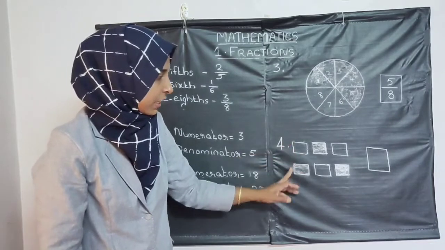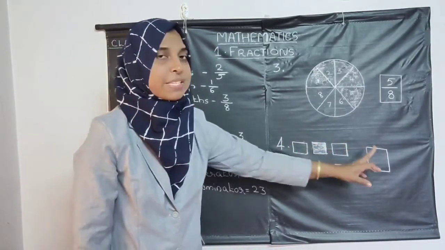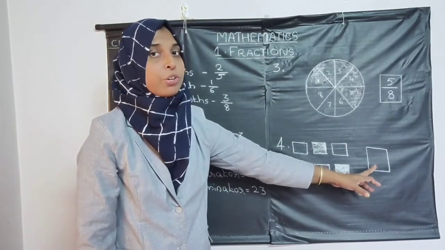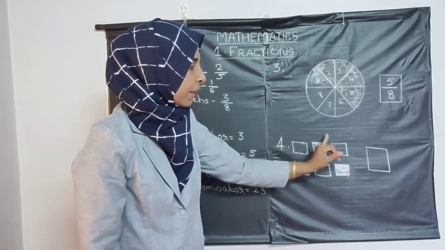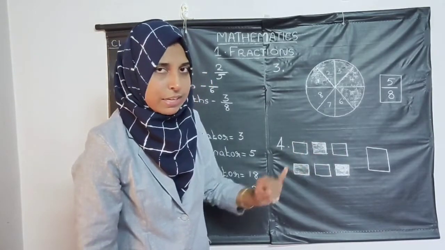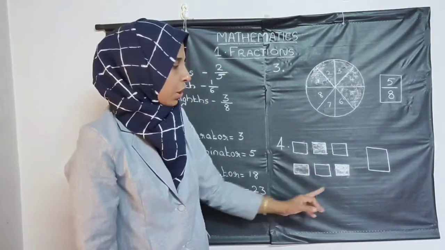Here the shaded parts are given. The picture is given and we want to represent it as a fraction. We want to write the fraction of this shaded part. Here how many small squares are there? 1, 2, 3, 4, 5, 6.